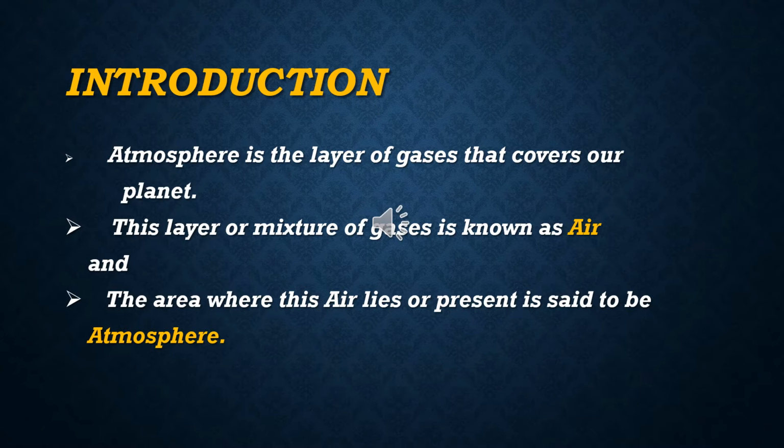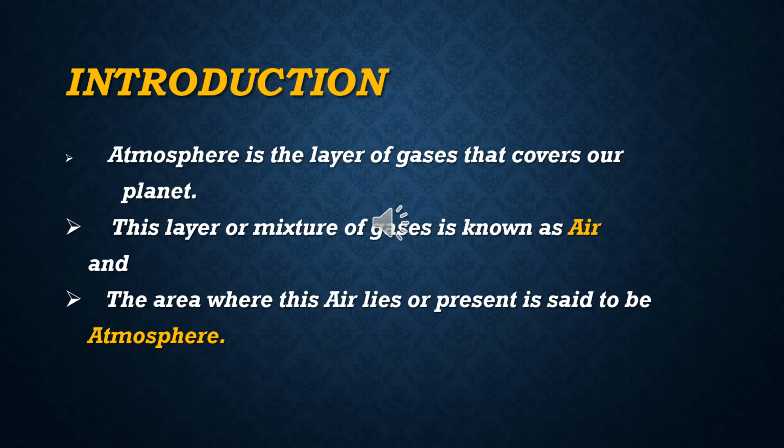atmosphere. Atmosphere is the layer of gases that covers our planet Earth. It means we have a cover around our planet Earth. A layer of gases surrounds the planet, which surrounds the Earth. That is actually called atmosphere.